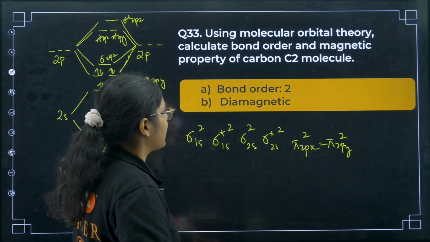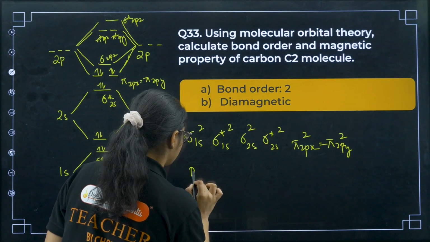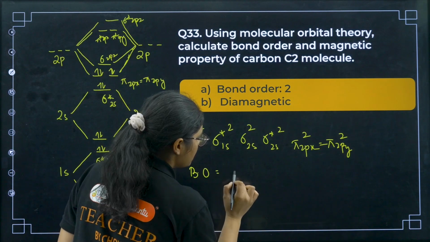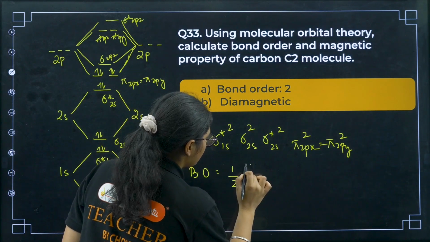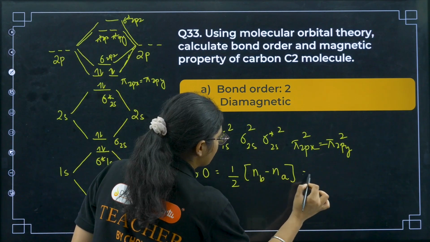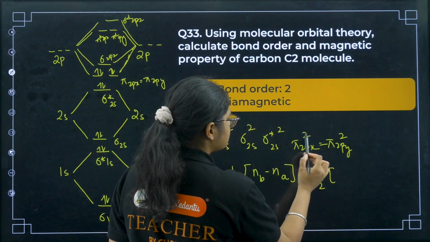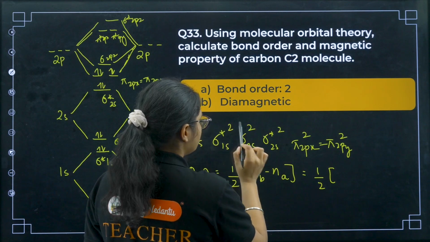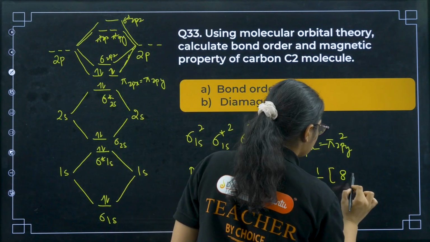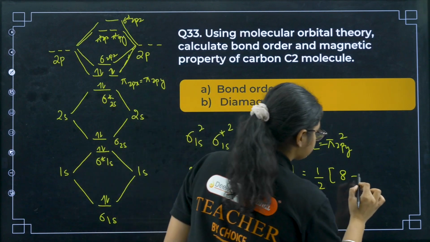So now what you want to calculate, what is the bond order? First, what is the formula? Bond order is half of the number of electrons in bonding orbitals minus the number of electrons in anti-bonding orbitals. So half of bonding orbitals, these two are bonding, these two are bonding, so 1, 2, 3, 4, 5, 6, 7, 8, minus anti-bonding, this 2 and this 2, so 4.